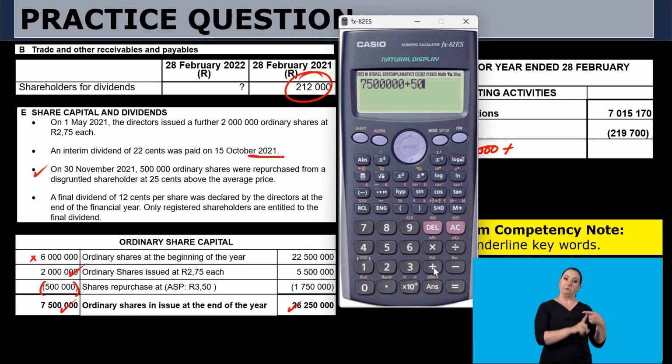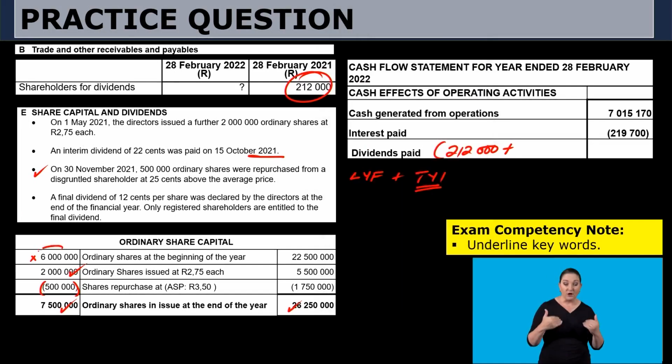Then you say plus 500,000. You're adding it back. Then you now subtract the number of shares that were issued, the ones that they said here on bullet 1, a further 2 million shares were issued. So you subtract that 2 million shares. That therefore means you end up with 6 million. It means at the beginning, we had 6 million. That is how we get the 6 million here.